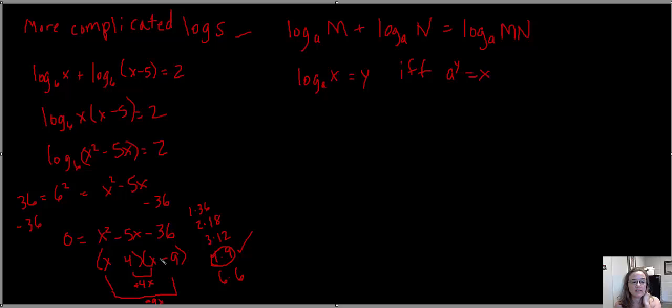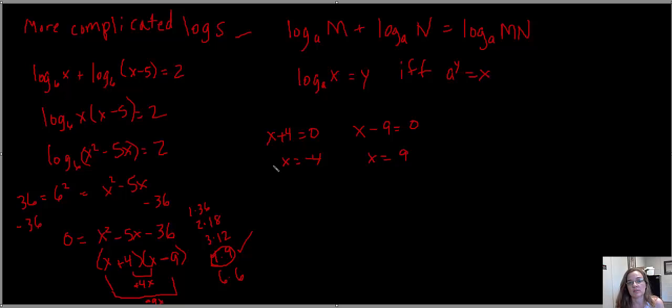So this is going to be a minus, this is going to be a plus. So here are my factors. I have x plus 4 is 0 and x minus 9 is 0. So x is negative 4, x is positive 9. All right, so we've got two answers.